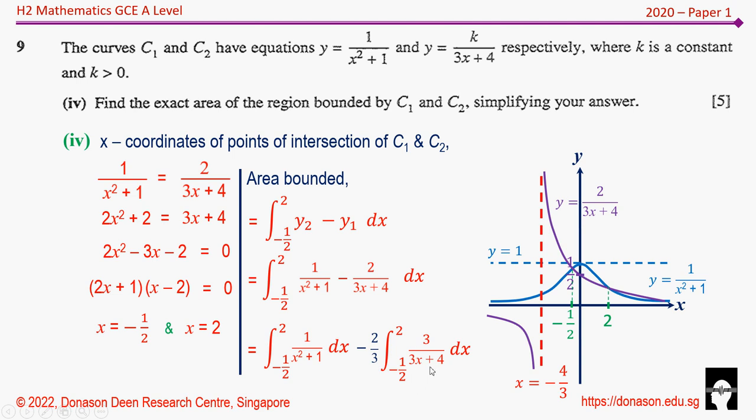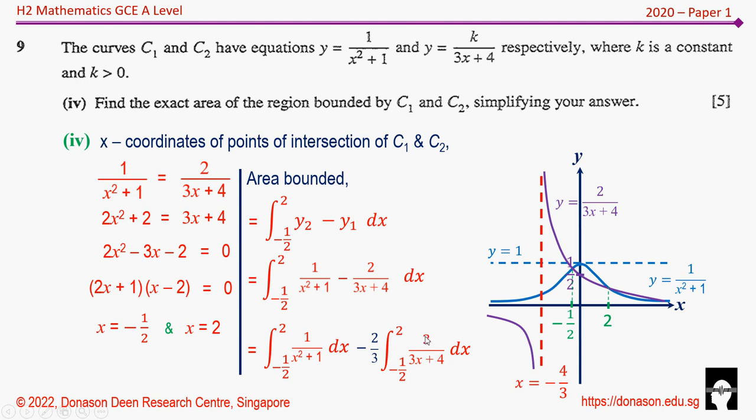If I were to differentiate the denominator 3x plus 4, I know that I should get a 3. So I'm introducing a 3 as the numerator so that this particular integral is of the form f prime x over fx. So of course we know in the next step it's going to become ln of the function of x.